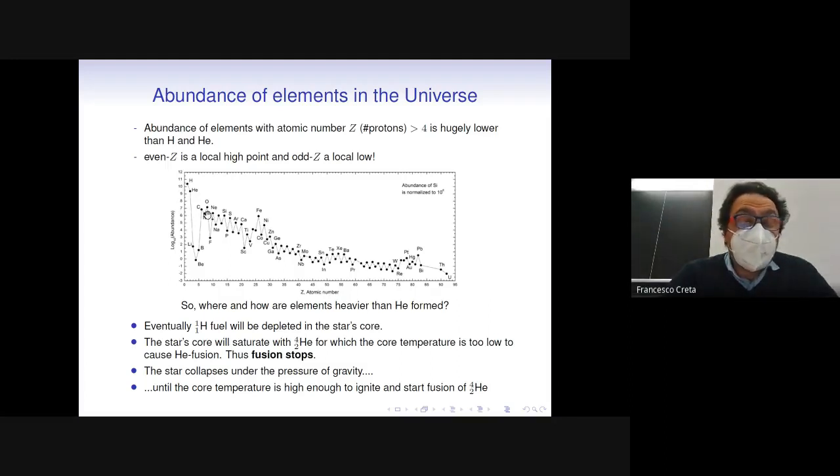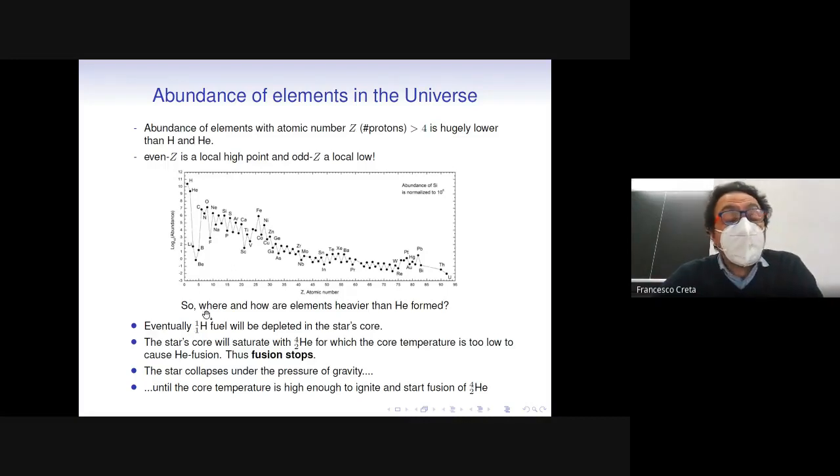So this is essentially the abundance of all of those elements in the universe. One thing for sure is that the heavier elements are far less abundant than the lighter ones. And this has to do, obviously, with how fusion works in stars.